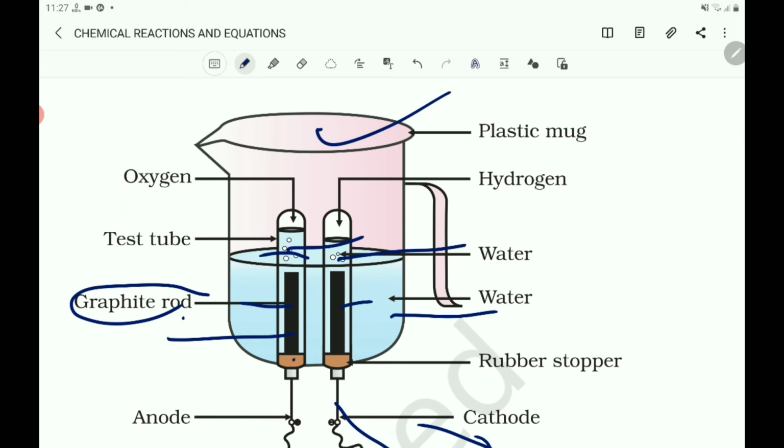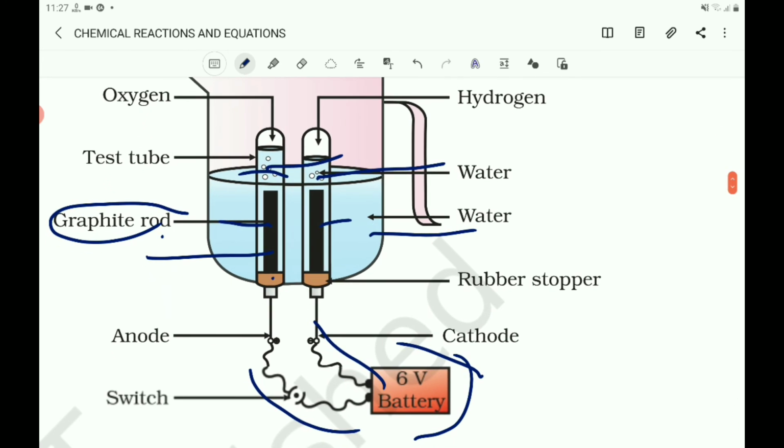Insert carbon electrodes in these rubber stoppers. Connect these electrodes to a 6-volt battery. Here you connect one electrode to the positive end of the battery and the other to the negative end of the battery.